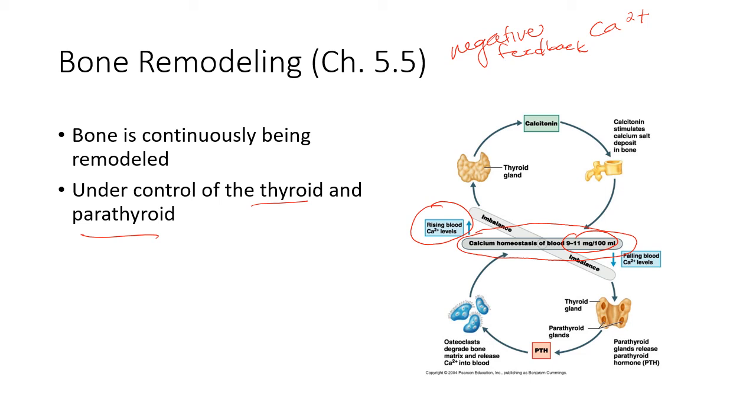So for whatever reason, maybe you've taken a calcium supplement or you've been drinking a lot of milk. If your blood calcium level gets too high, we have receptors that will then talk to the thyroid gland, and that thyroid gland is going to release calcitonin.